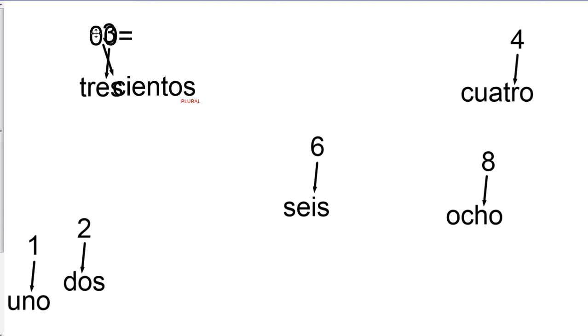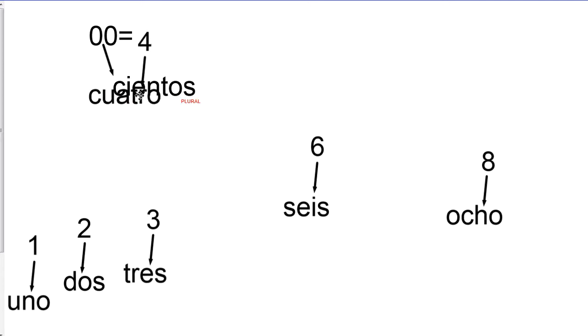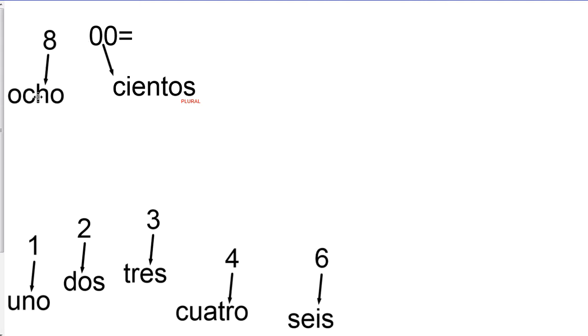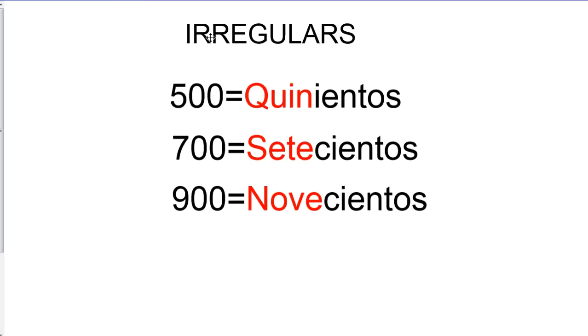300 is going to be trescientos. 400 is going to be cuatrocientos. 600 would be seiscientos. And 800 would be ochocientos. But where's my 500? My 700? Where's my 900? I didn't show you those ones because they're irregular. They're a little bit strange. And here they are.